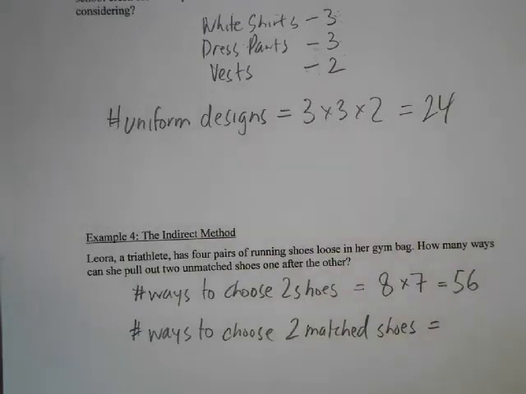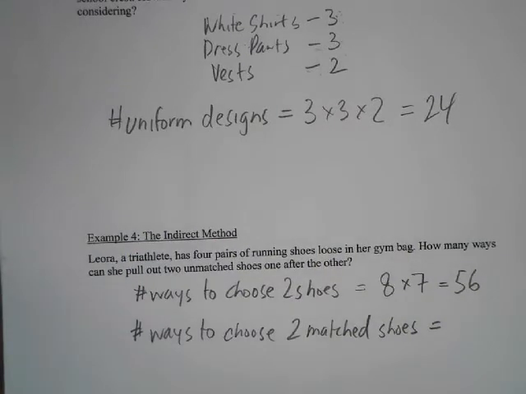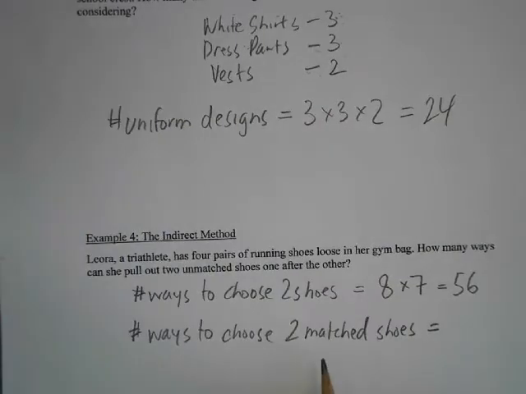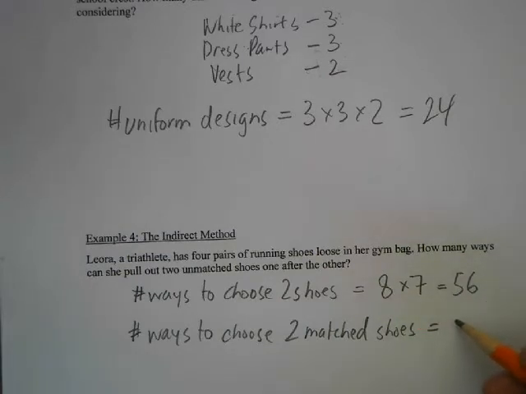Now, it can get a little confusing, and there's different ways of doing this. I think the easiest way to think about this is, okay, if I'm going to choose 2 matched shoes, well, I've still got the 8 shoes in the bag. I'm going to pull out one shoe. So again, I've got 8 choices to pull out that first shoe.